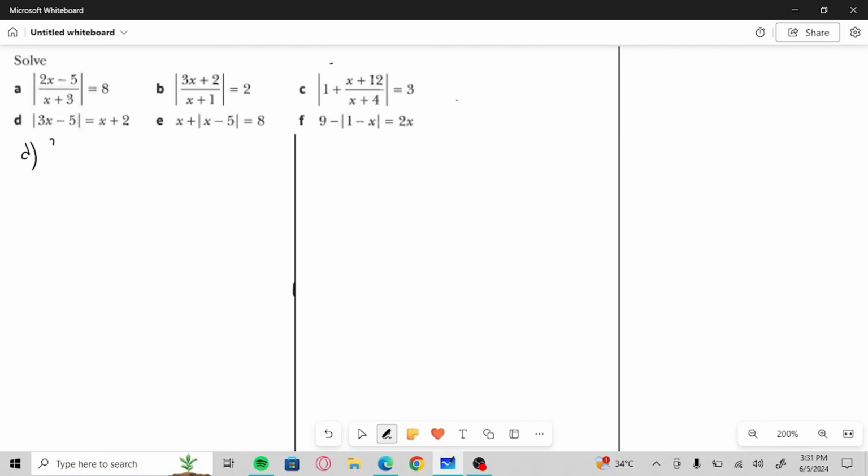Okay, for part D, we have the modulus of 3x minus 5 is equal to x plus 2. So again, two values, positive and negative. If we reverse this process, 3x minus 5 is equal to negative x minus 2, or 3x minus 5 is equal to x plus 2.